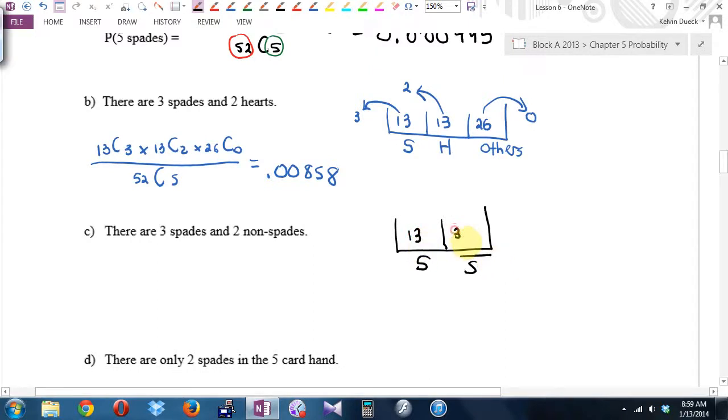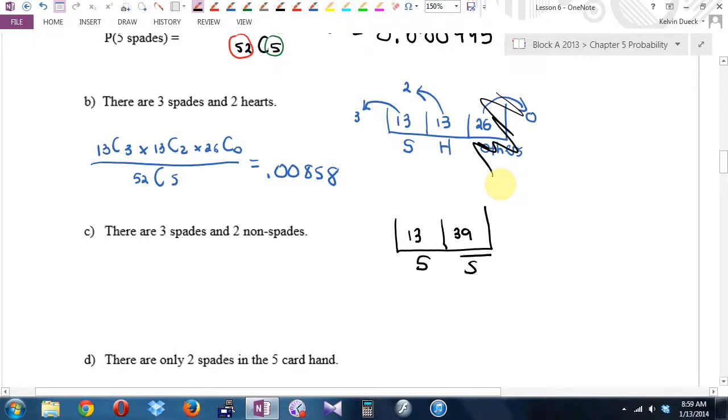By the way, look up for a second. Mr. Dueck, on the previous question, I only saw spades and hearts. How would I know to do the others? Well, let's suppose that you didn't write that one there. What's 13 plus 13? How many cards are there in the deck? Grand total. 52.